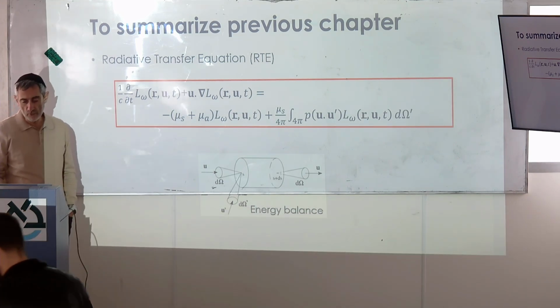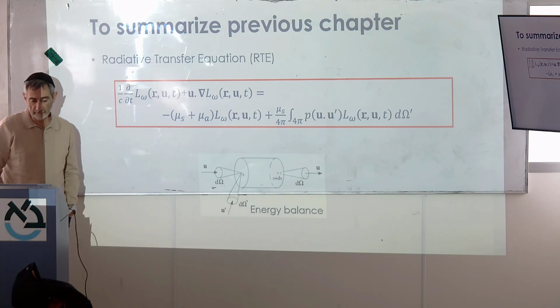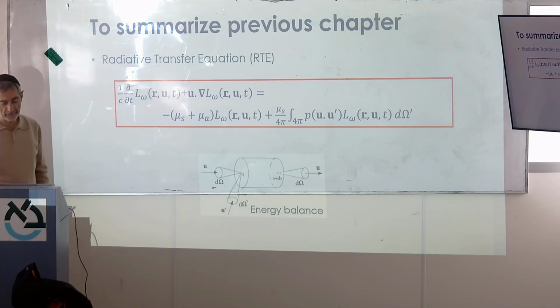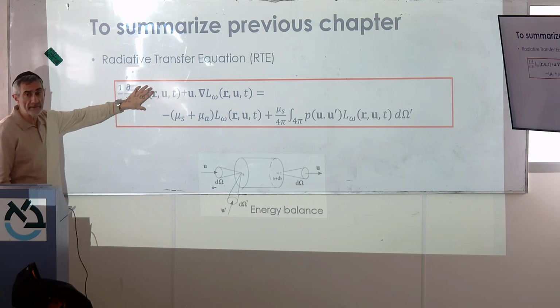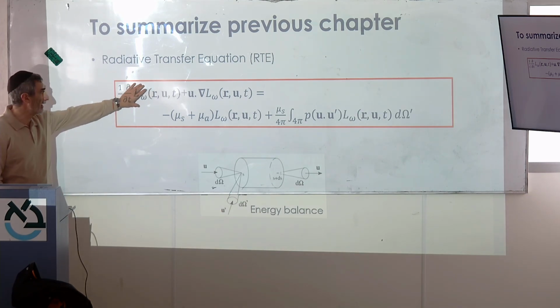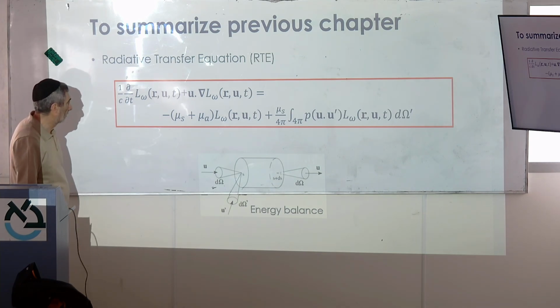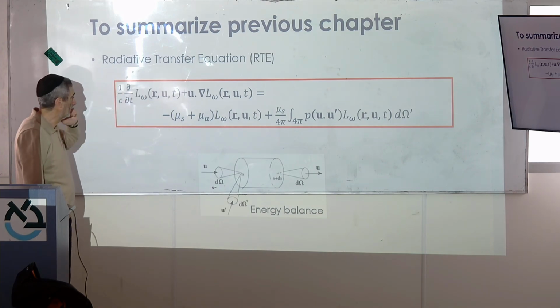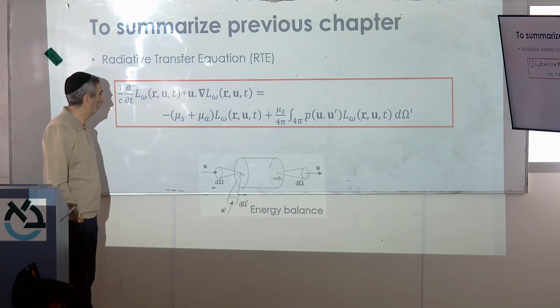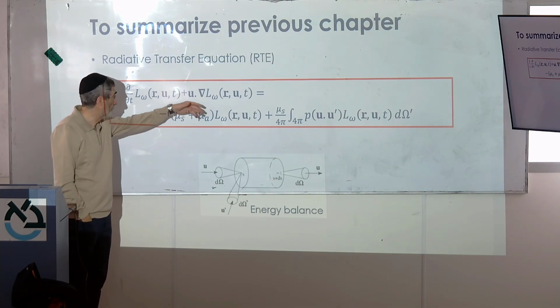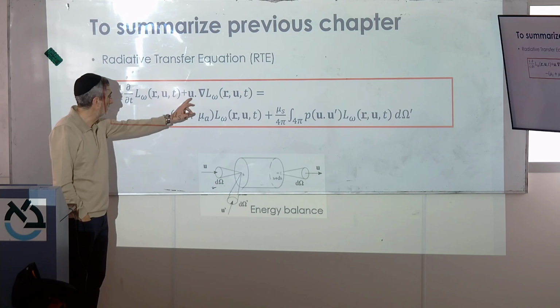Okay, so from there we wrote this very special equation, the radiative transfer equation, which is an integral differential equation, differential and integral, which describes the transport of the specific intensity or the luminance L. So you have a time derivative for the luminance, times the nabla of L times u.